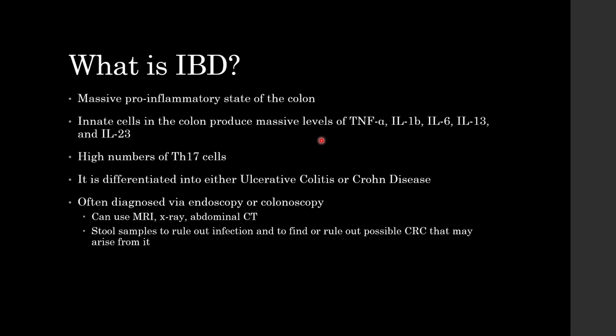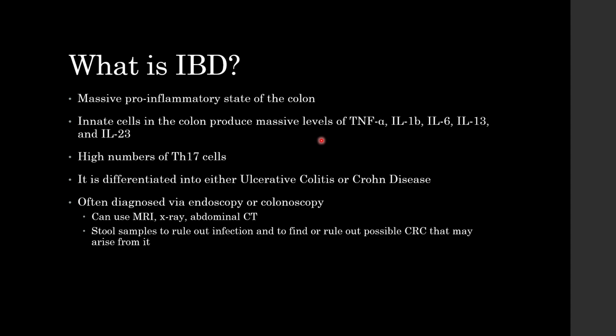In a normal human system, you may have a C. diff infection, and a normal amount of innate immunity will produce these. However, in inflammatory bowel disease, these are produced 24/7, and the inflammation never really goes away. It just continues on and on.